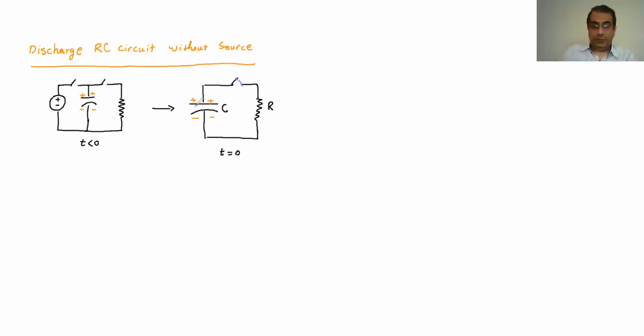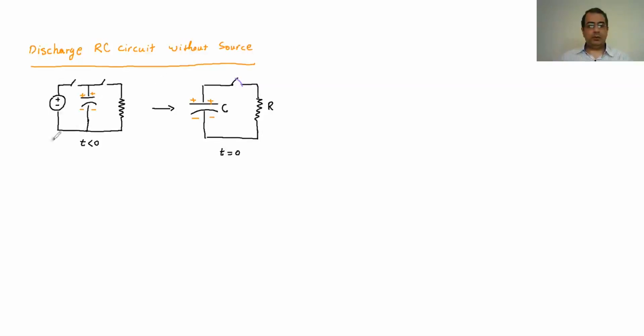Basically, it's fully charged. As soon as I close that circuit, in a very short period of time, this capacitor is going to get discharged. In other words, the energy already stored in it is going to be released, go through the resistance, be converted to heat, and then be dissipated away. So that's what's going to physically happen.